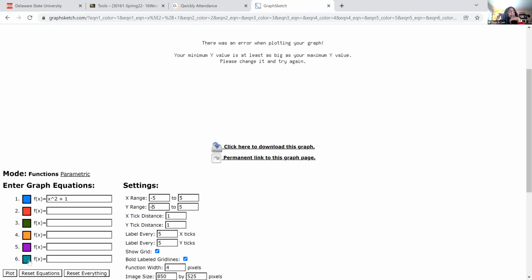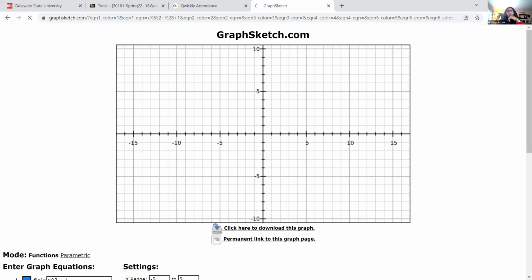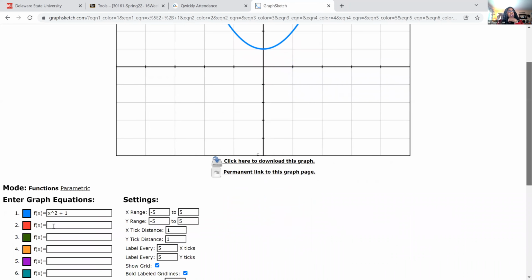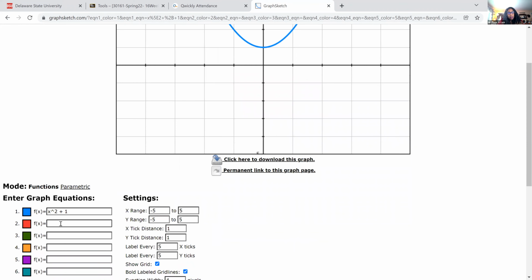All right, let's try it again. This is rather scary. Okay, there we go. And then the second one is x plus 3. Now, of course, I know how to do this. I'm just giving you guys another way of doing this.